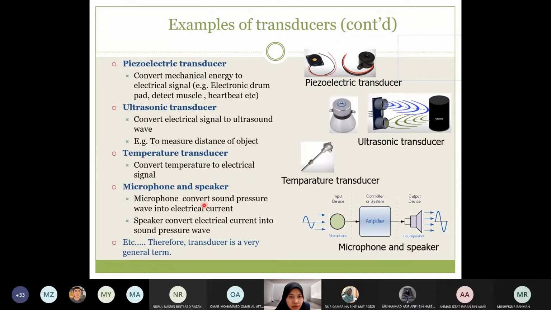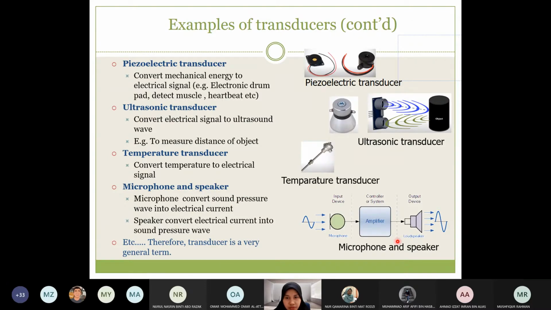Microphone and speaker: microphone converts sound pressure wave into electrical current. So this is microphone, an input device. It receives sound, sound pressure wave, into electrical.